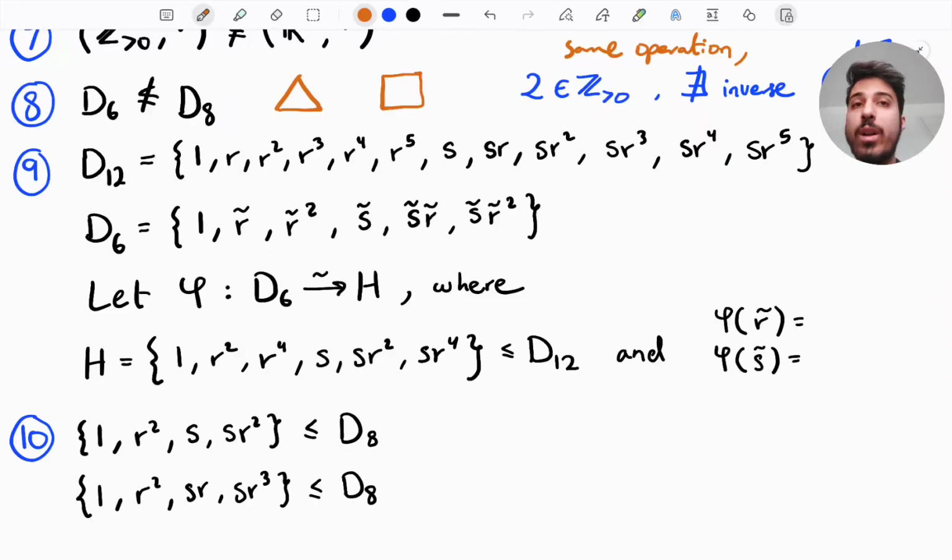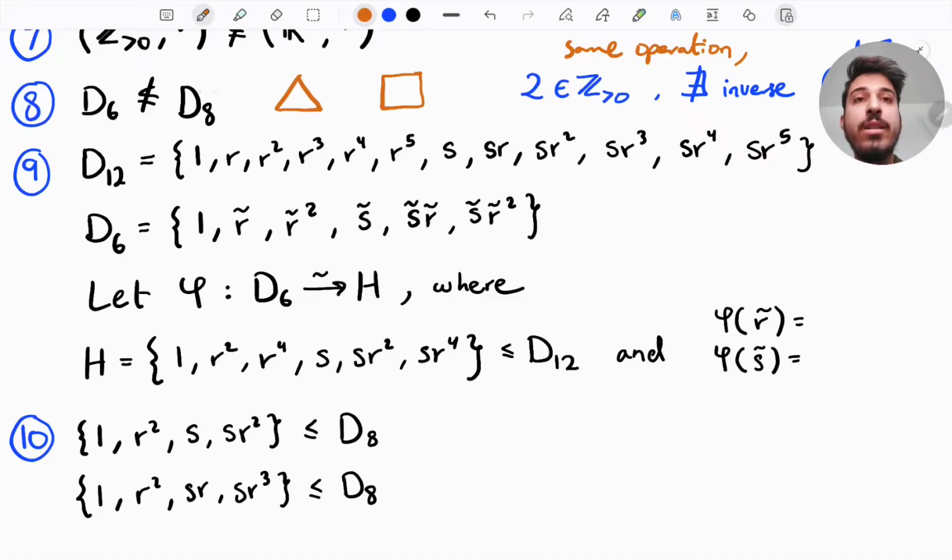And how is that? Well, if you look at the elements in D6, what do you see? You have rotations and reflections of a triangle, not a square. So if you take a rotation of a triangle, it would be a rotation of 60 degrees. But if you take a rotation of a square, it would be a rotation of 90 degrees.